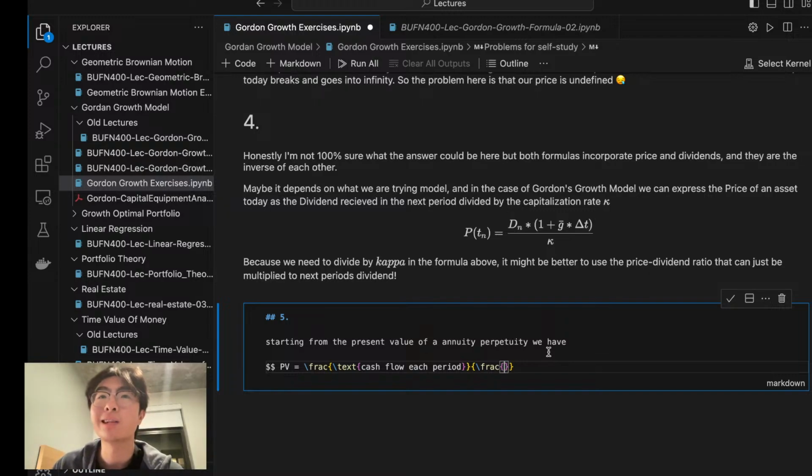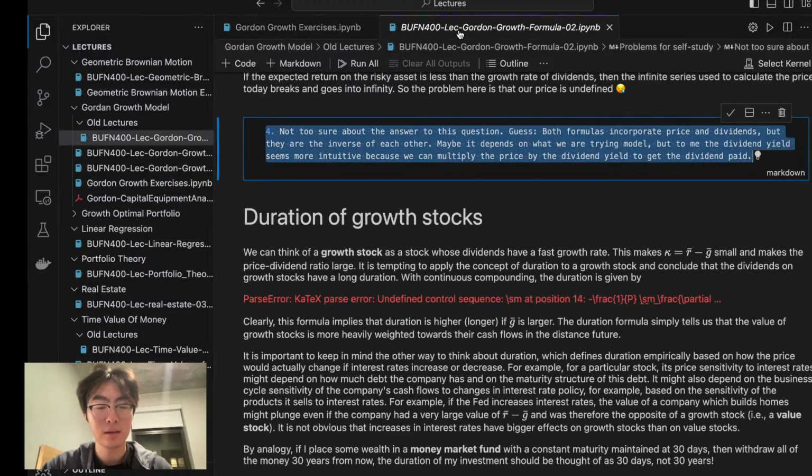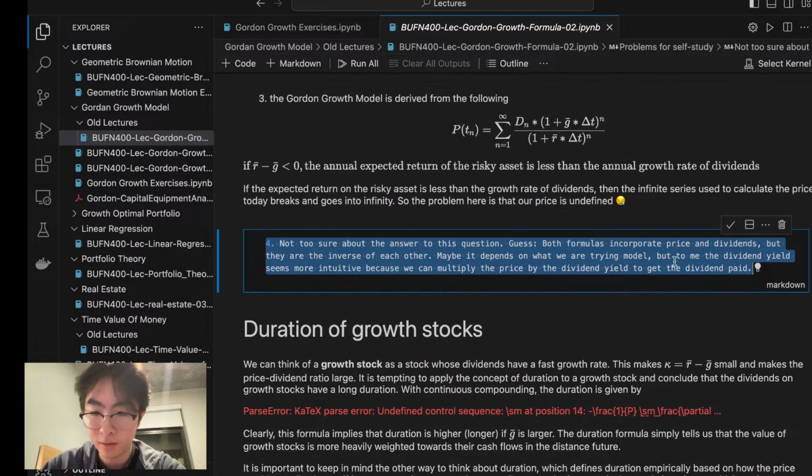A strip of dividends. I'm looking at that on my computer right now.